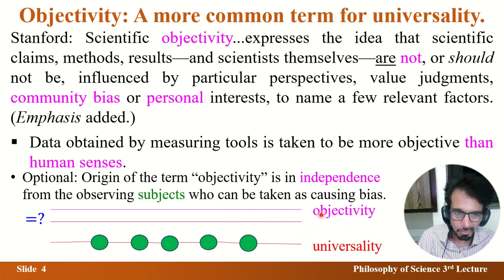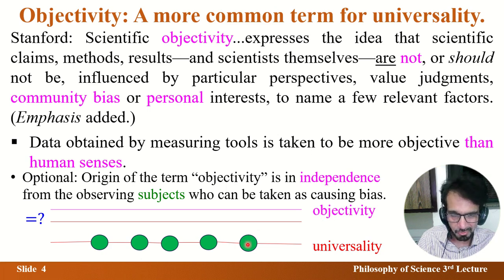But if I say, rather than objectivity, use the word universality, I mean to say that objectivity is not actually possible to achieve, because whenever you claim a sentence is objective, it has to be uttered by some person.